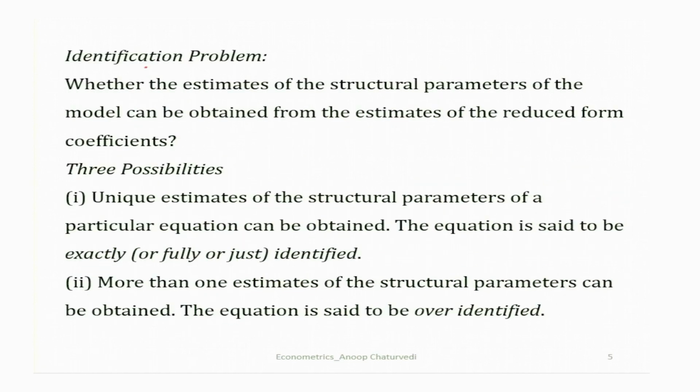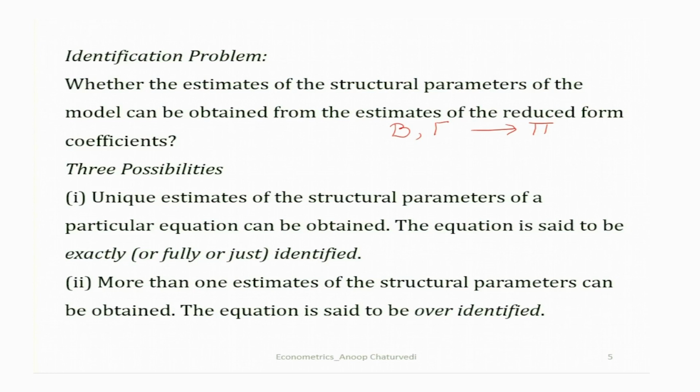Now, we come to the identification problem. Whether the estimates of structural parameters of the model can be obtained from the estimates of the reduced form coefficients. So, you have structural form parameters in the matrices B and gamma, and reduced form coefficients in the matrix pi.